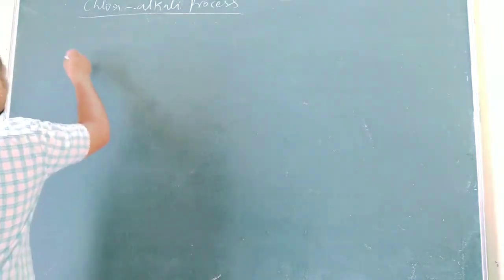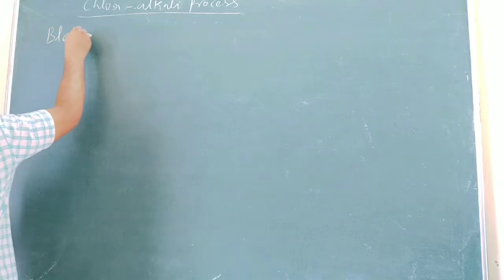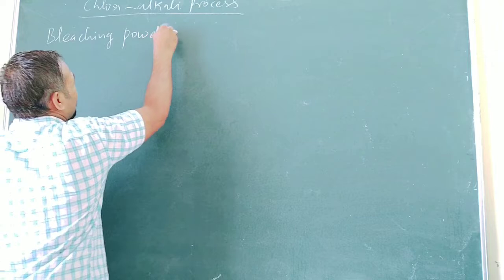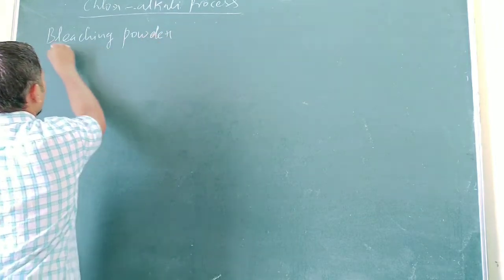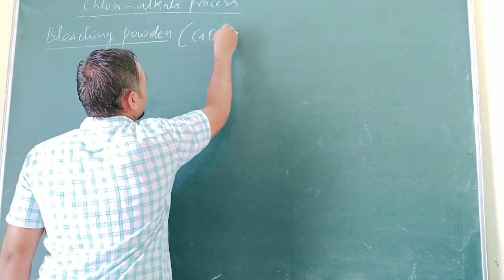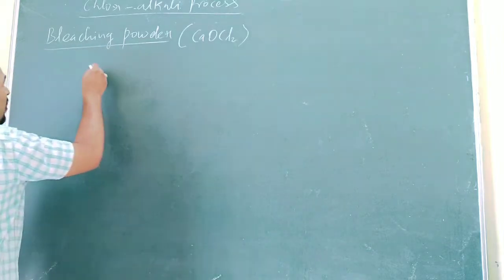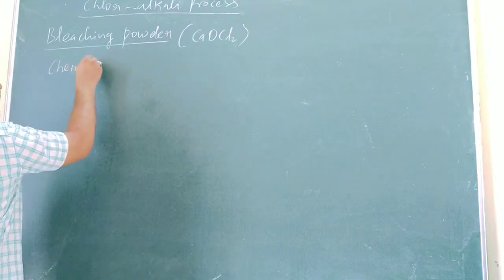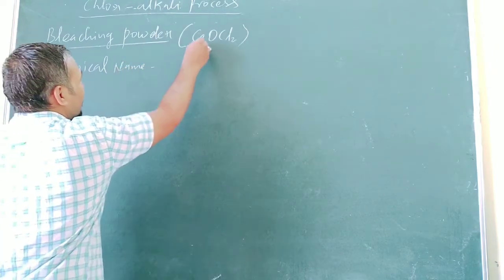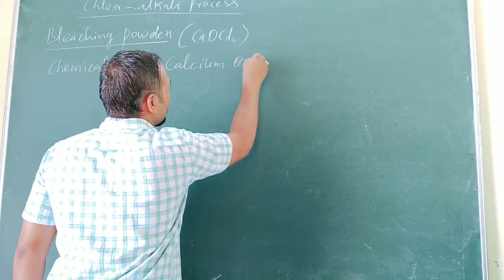So first, from chlorine we get the bleaching powder, right? The chemical formula of bleaching powder is CaOCl2. The chemical name of bleaching powder is calcium oxychloride.